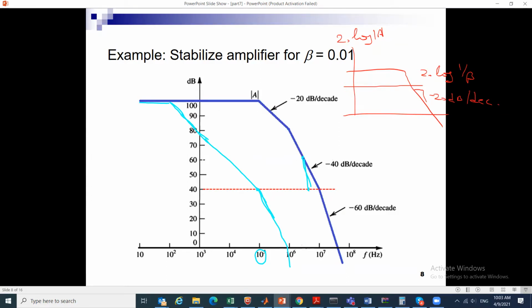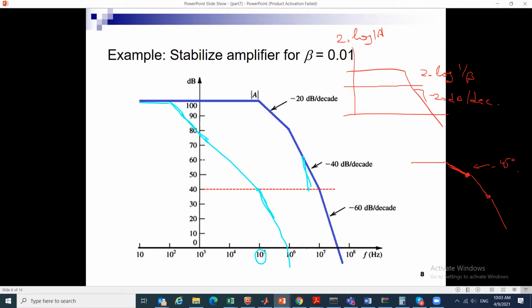Because if the poles are relatively spaced out, meaning I don't have too many clustered poles, this means that at most at this point I have from the first pole minus 45 degrees, and from the other poles maybe, how much could they give? If they were two, they could give me minus 90 if they happen to be very close.